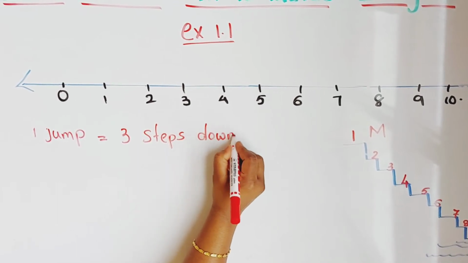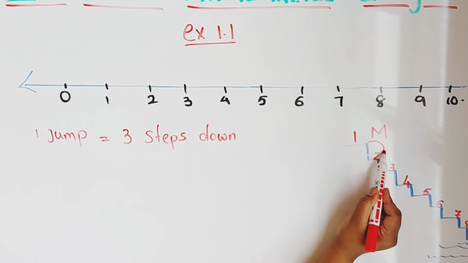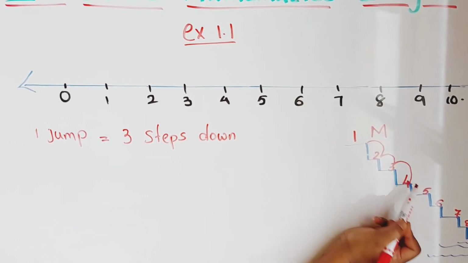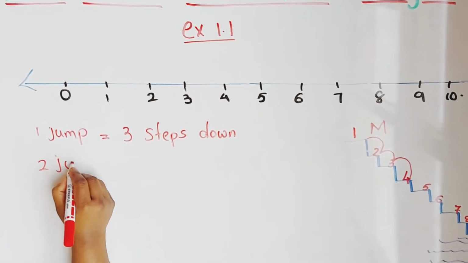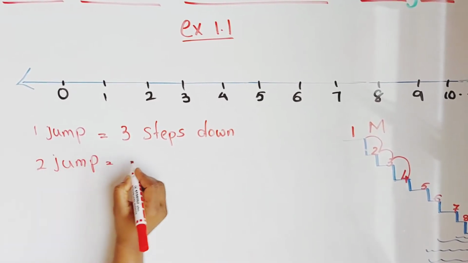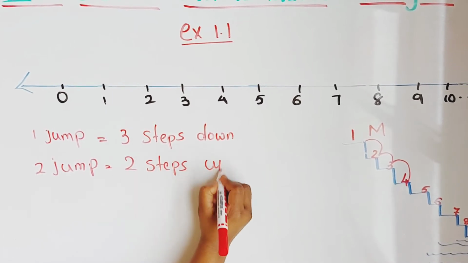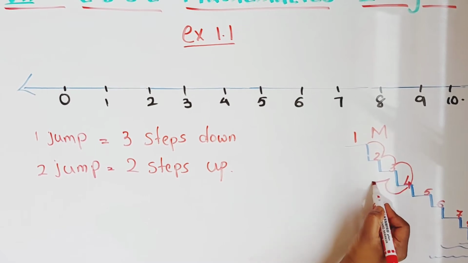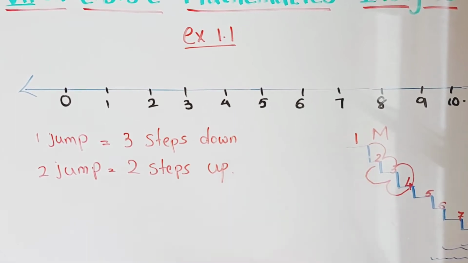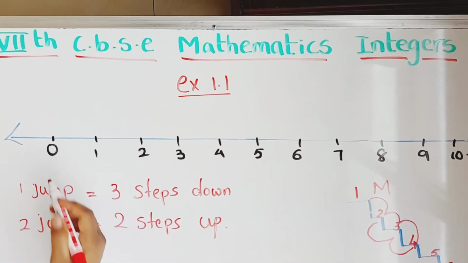First jump 3 steps down, so like this: 1, 2, 3. And second jump, 2 steps up. Correct? So again it is going back. Right children? For better understanding, we will see the same steps on a number line.